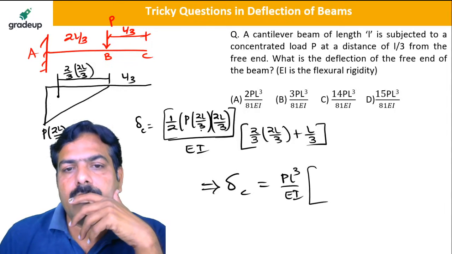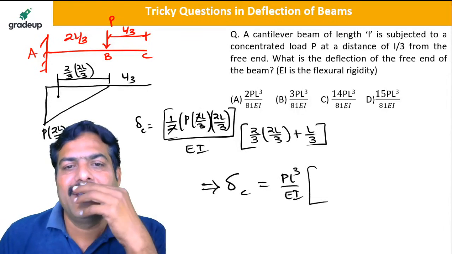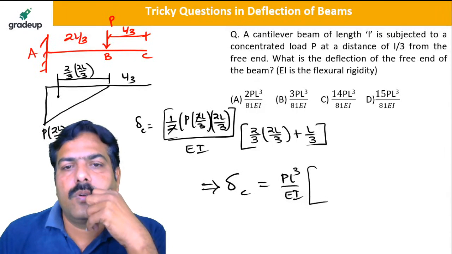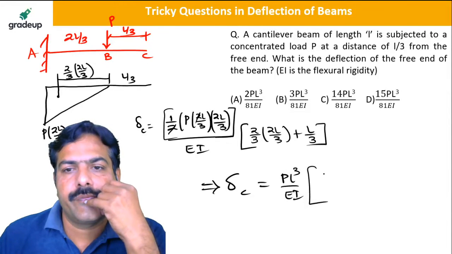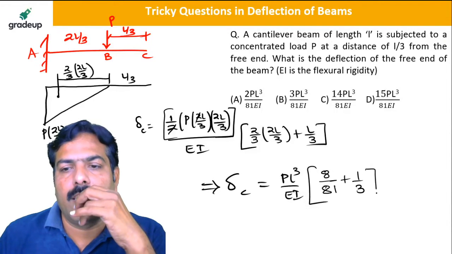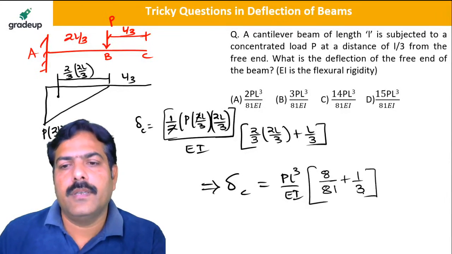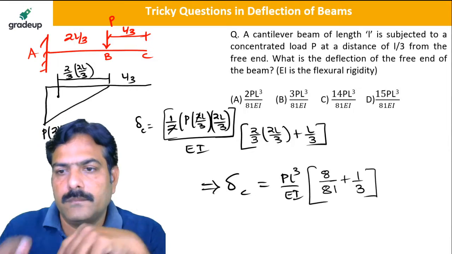leftover is, so this two and this two get cancelled, right? So it will be 2 by 9, 9 9 is 81. 8 by 81 plus 1 by 3. Is it clear now? One by 9.